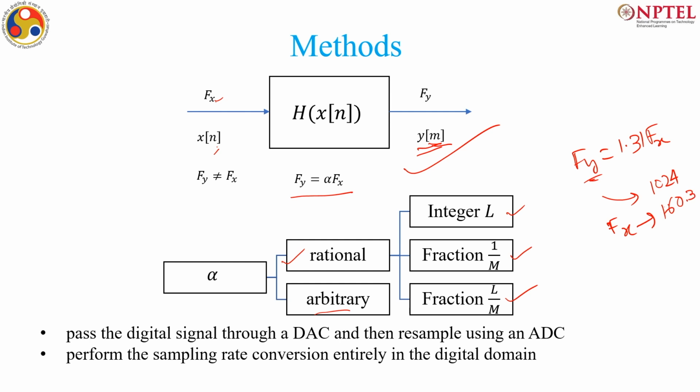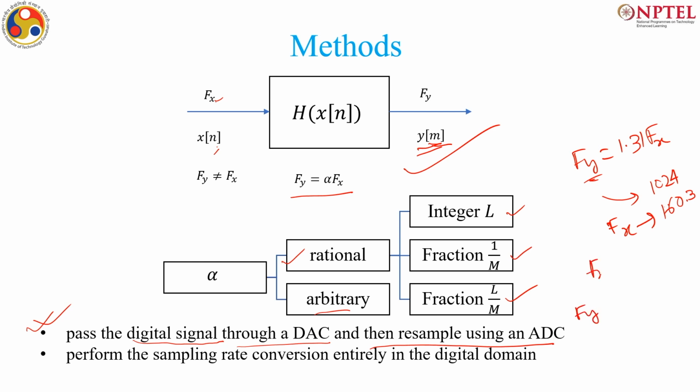So, if I want to choose alpha as arbitrary, then this is the method to convert the sampling rate. I will first pass the digital signal, which is sampled at f x, through a DAC. When I pass through a DAC, or digital to analog converter, it becomes an analog signal again, and then I will resample it using an ADC at Fy.